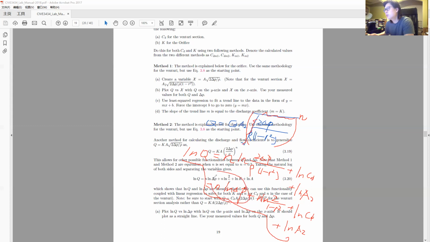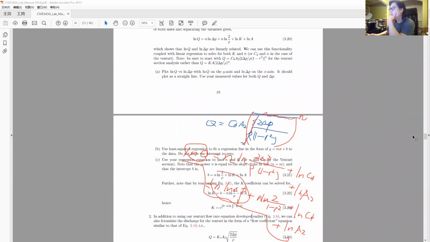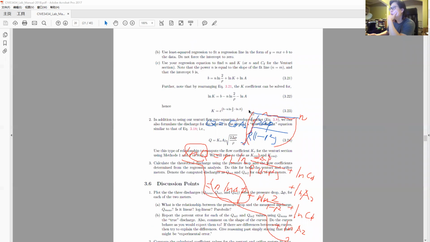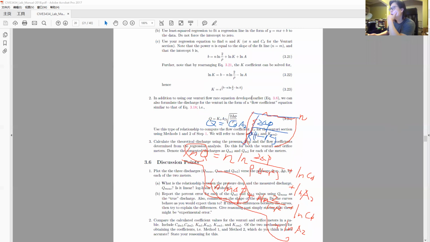And this part is the same. So with this equation, we're able to rewrite the equation for CD.